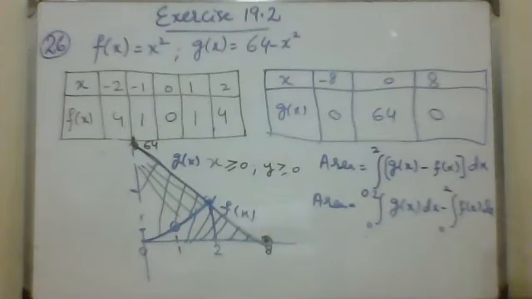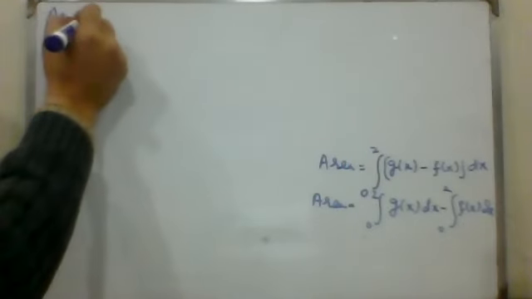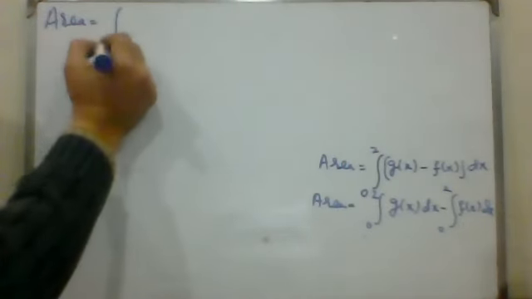Now to solve that problem, first I erase this, then we write and solve it. To solve that integral of that function, we write that area is equal to the integral from 0 to 2.